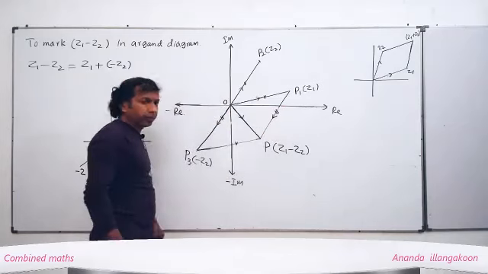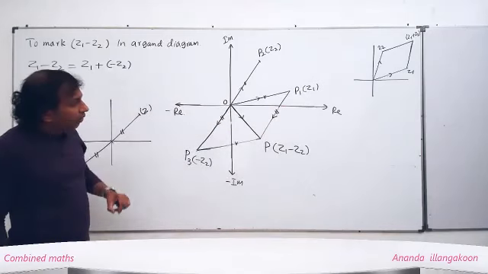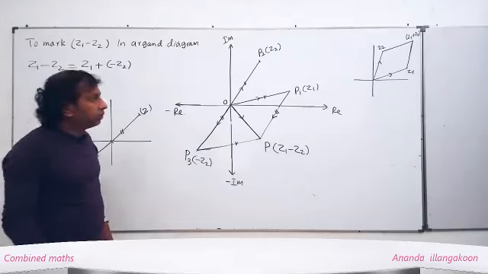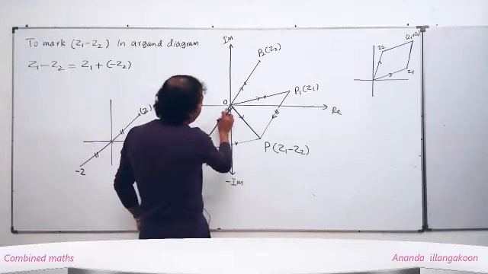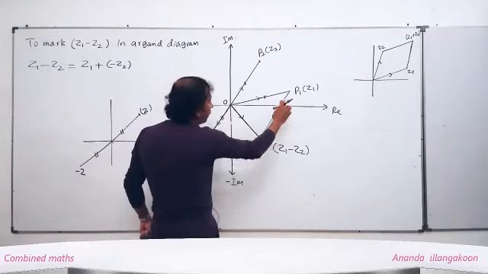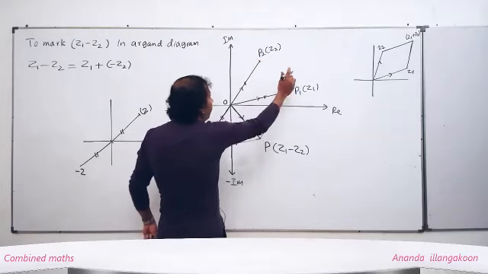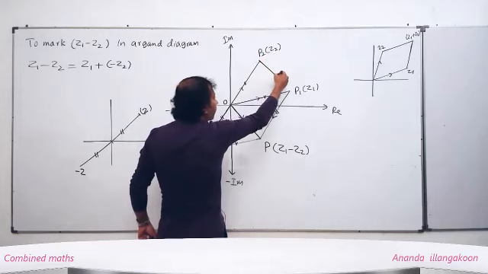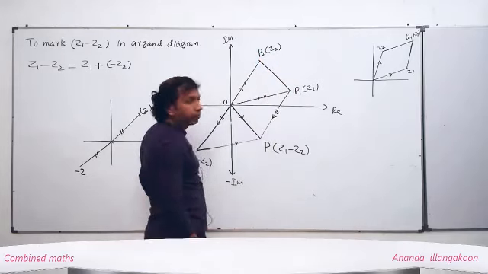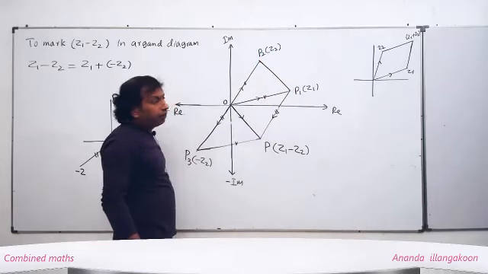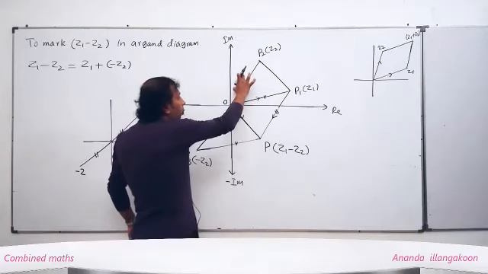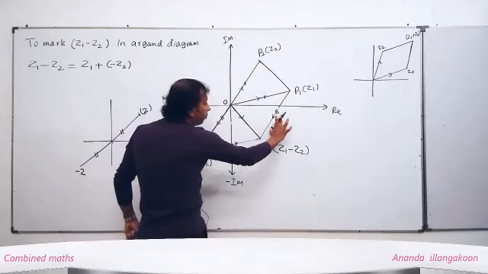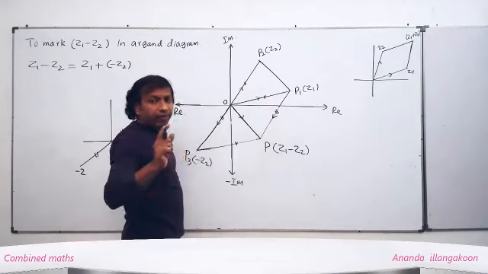Now when you pay attention to these four vertices O, P, P1, P2, I join P2 and P1 like this. Then you can see OP2 and PP1 are parallel.